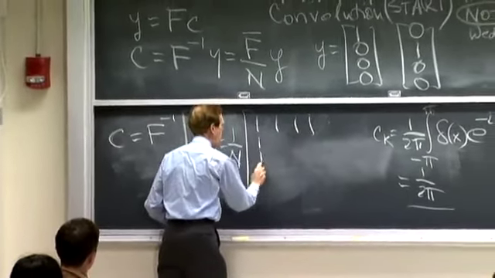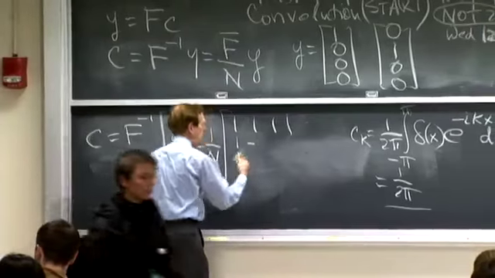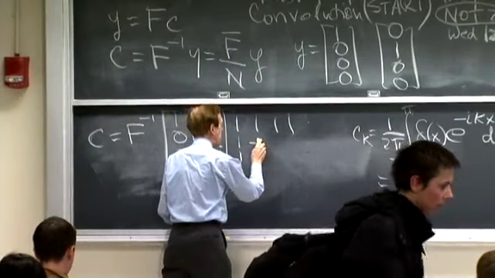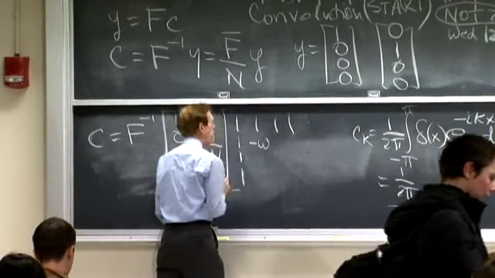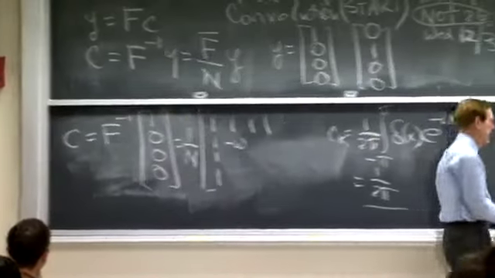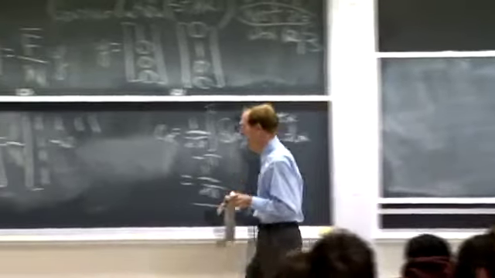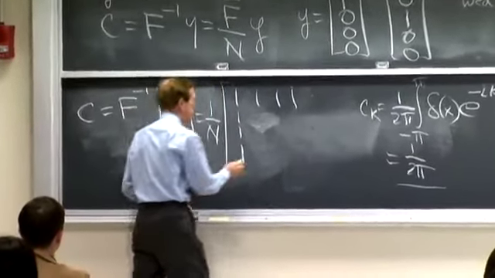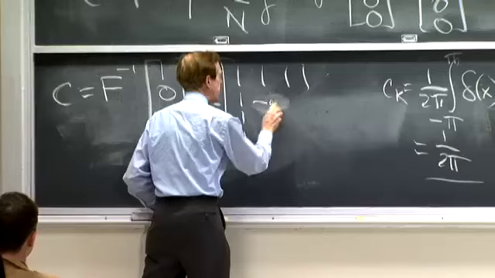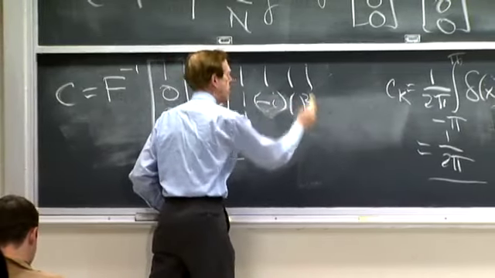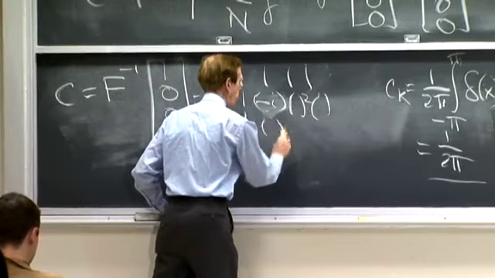So it's just 1, 1, 1, and, well, I've made it 4 by 4 here. This is minus omega. No, it isn't minus omega. It's omega bar, which is minus i in this case. That's omega bar. And the next one would be omega bar squared and cubed and so on.